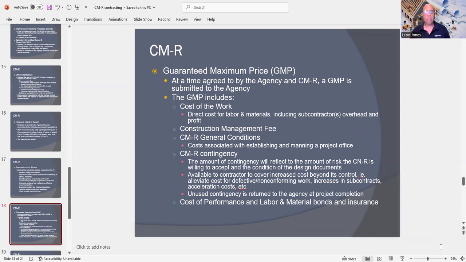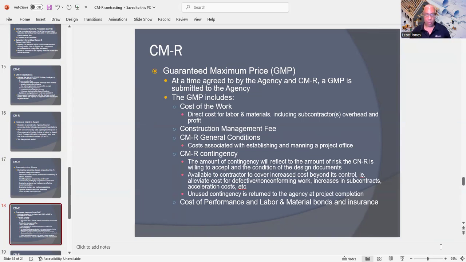Then there's going to be the CMAR contingency. That is the amount of contingency that will reflect the amount of risk the CMAR is willing to accept and the condition of the design documents. And then it's going to be available to the contractor to cover increased costs beyond its control.